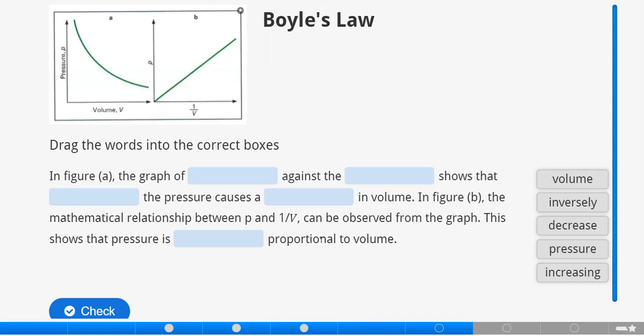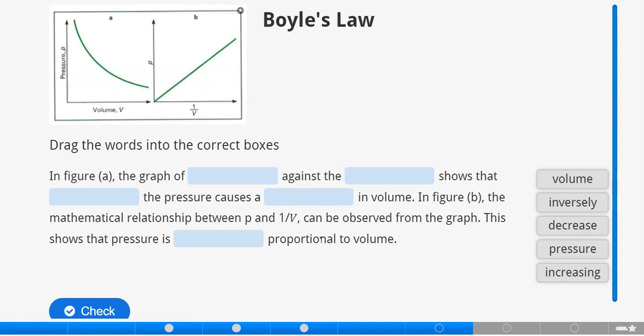So, from the diagram above, in figure A and figure B, typically showing us that what? Pressure is inversely proportional to volume, and also pressure is directly proportional to the inverse of volume. With that, we are to drag the following words into the correct boxes.